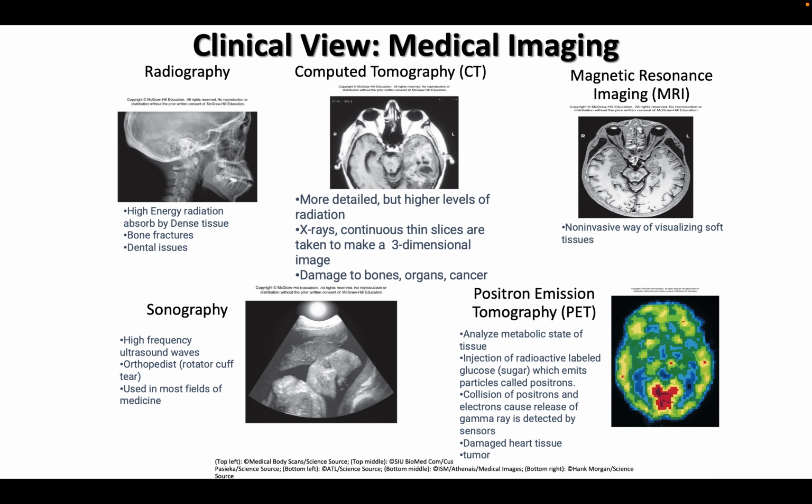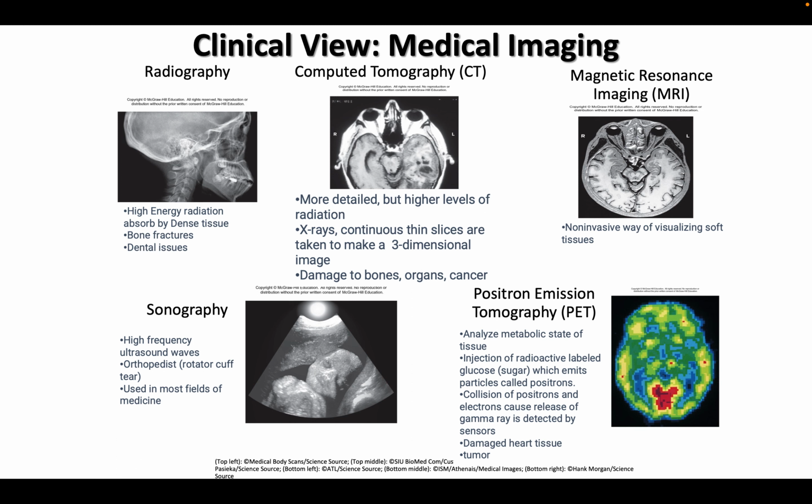And so what can happen here is you can attach a sugar molecule, a glucose molecule, onto a tracer, and then this will emit these things called positrons, all right? Whenever you take the picture during a PET scan, this tracer with the glucose attached to it will find its way and be taken up by tissues in the body that are highly metabolically active, right?